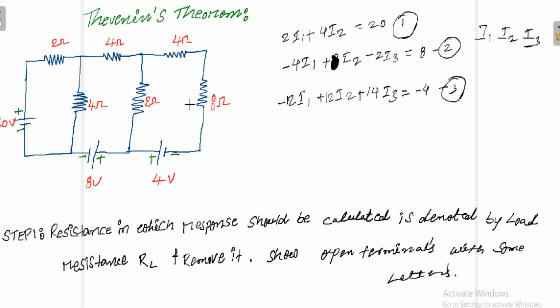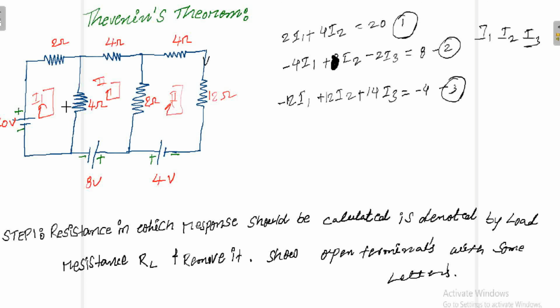For example, in that example we are trying to find the response across these 8 ohms. If I change these 8 ohms to 12 ohms, what changes will you get? Here this is your first loop, this is your second, and this is your third.